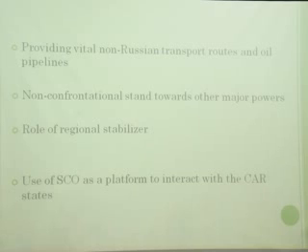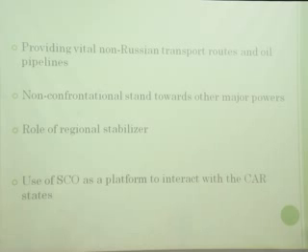And next is the role of regional stabilizer, of course, because the stability of Central Asia or Afghanistan also figures for the stability of China. Next is the role of SCO as a platform to interact with the Central Asian regional states. And China in this case has been using the Shanghai Cooperation Organization and also its predecessor, Shanghai 5, as a major instrument to further its interests.